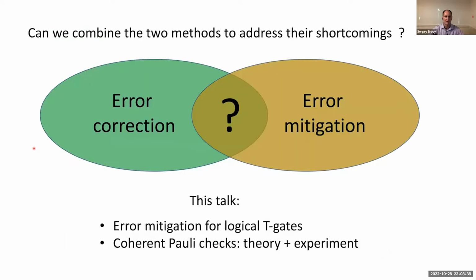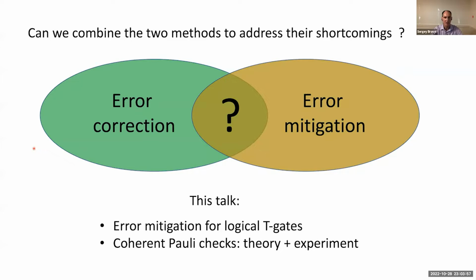Today I will discuss ideas on how to combine error correction and mitigation to address these shortcomings. For the first part, we shall consider logical T-gates and error mitigation applied to logical qubits.